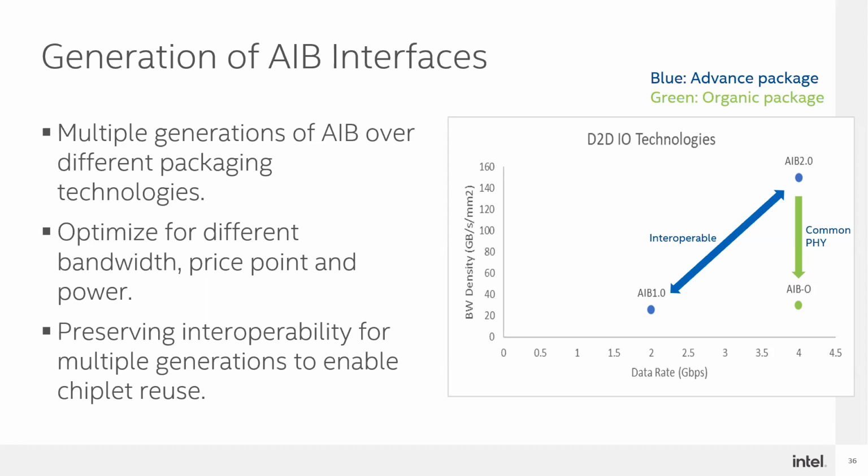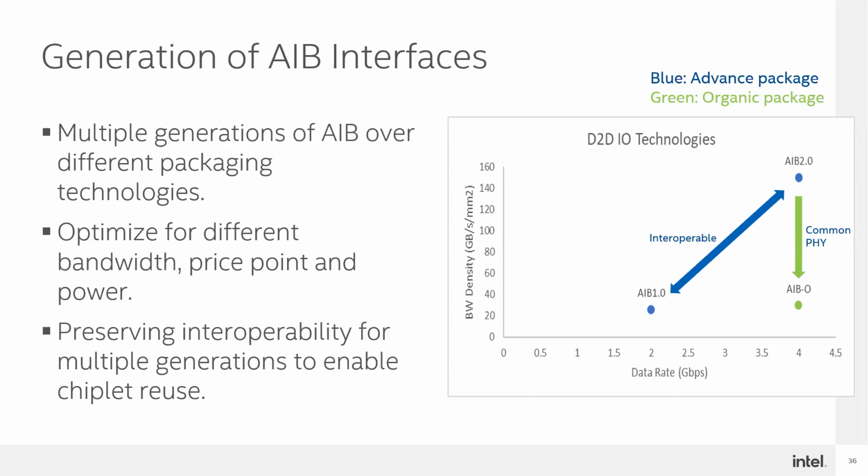But if you look at AIB 2.0 and AIB-O, the targeted data rate is the same. The difference is really on the channel, or what we usually refer to as packaging technologies. AIB-O is on organic package, and then AIB 2.0 is on advanced packaging.